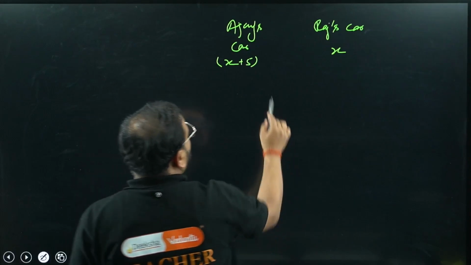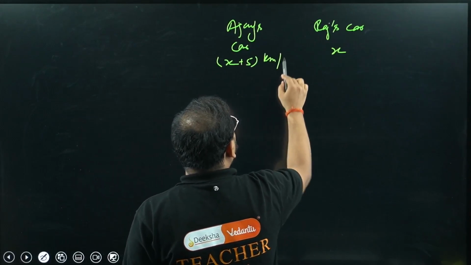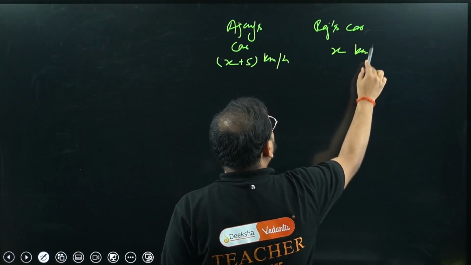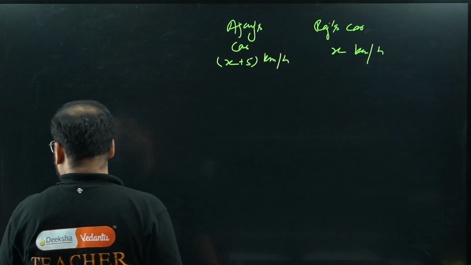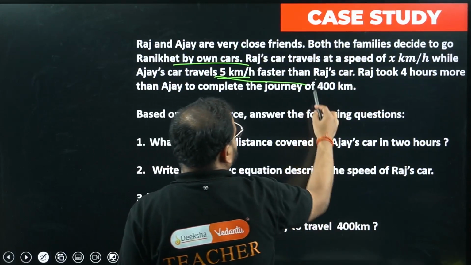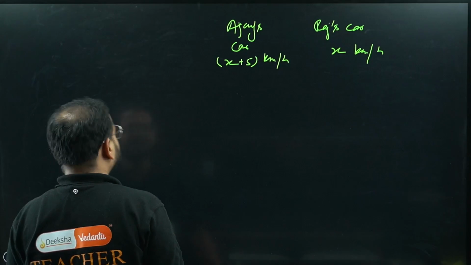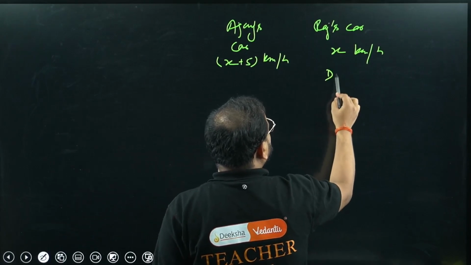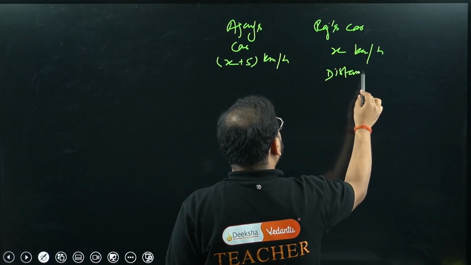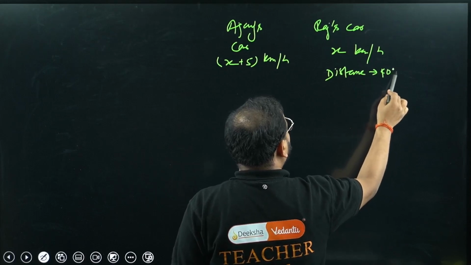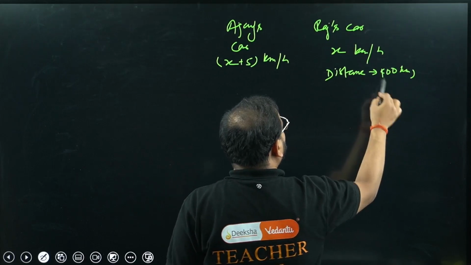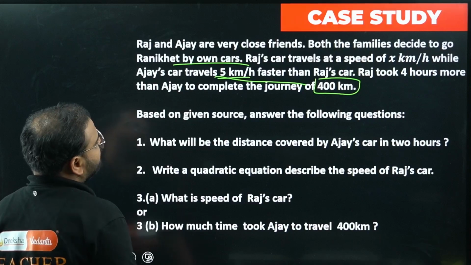The unit is kilometers per hour. Total distance is 400 kilometers.